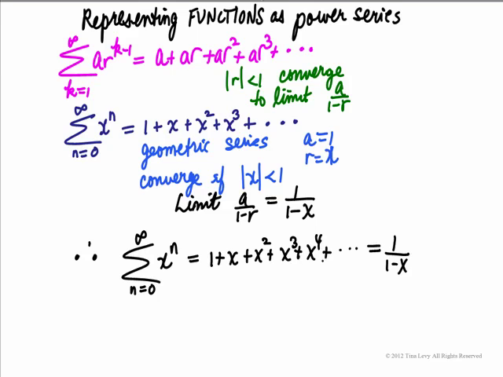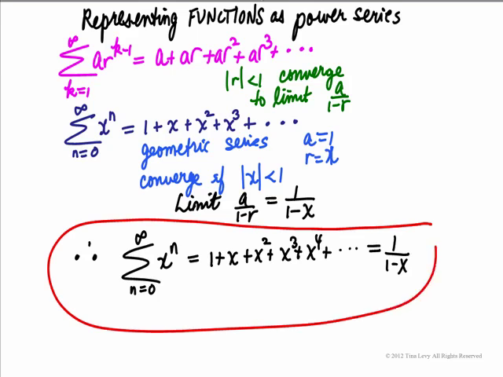So this infinite series is the representation of the function 1 over 1 minus x. We're now going to use this result to create many other series representations of functions.